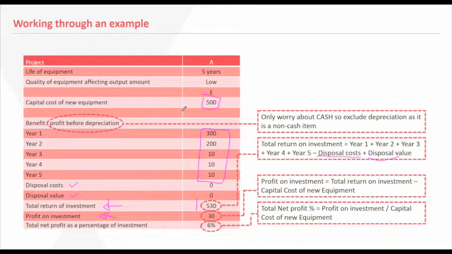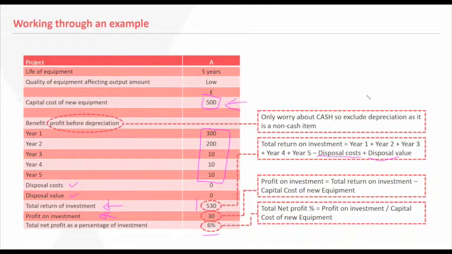We know that that piece of equipment for project A cost us £500. 530, subtract the 500, leaves us with £30. £30 or £30,000 or £30 million may not be such a helpful number. What we might want to do is express this as a percentage of that initial capital cost. And that's what the total net profit percentage does. It says our profit on our investment divided by our capital cost.